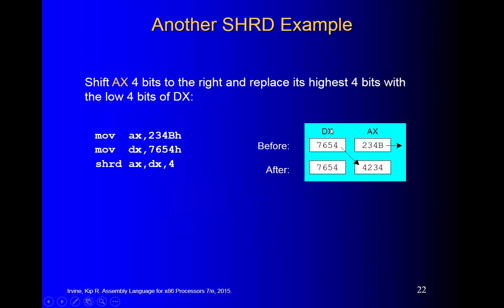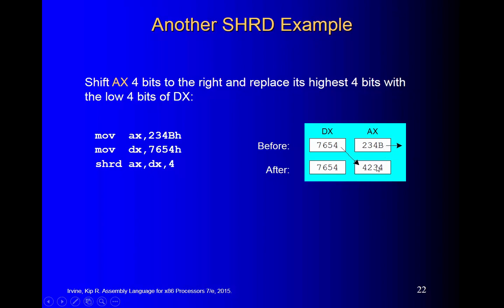Another example, so suppose you want to shift AX to the right 4 times, that means you're going to shift 1 hexadecimal digit off from the right side. So if you shift AX to the right 4 times, B will get off.